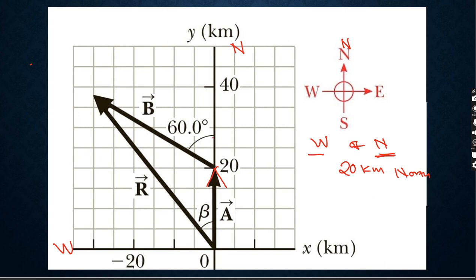That's why our 60 degrees is closer to north than to west. So you draw this vector in this direction. Connecting the two, from the starting point to where it ended here, this is the resultant vector.